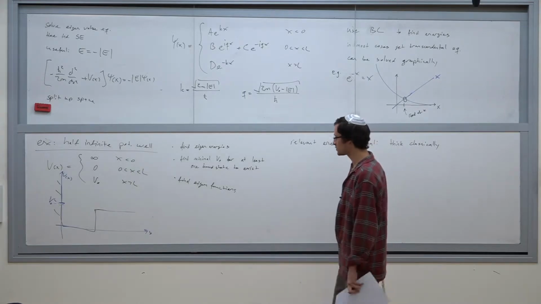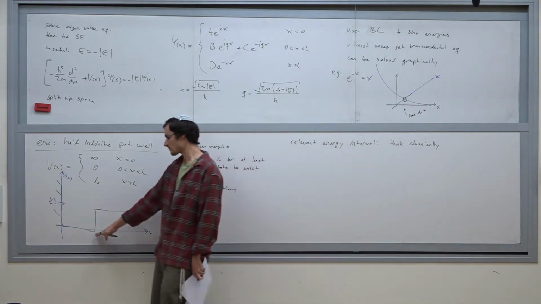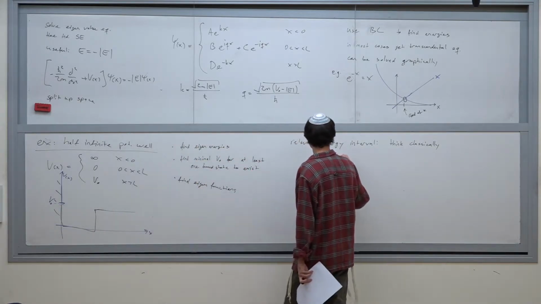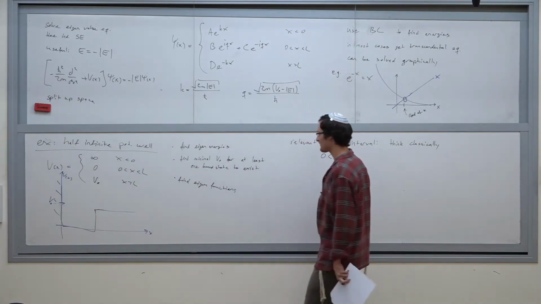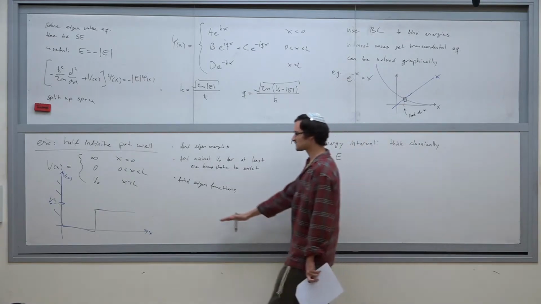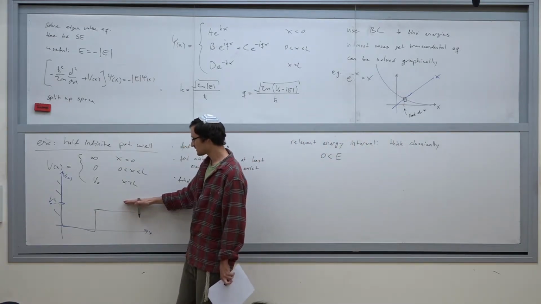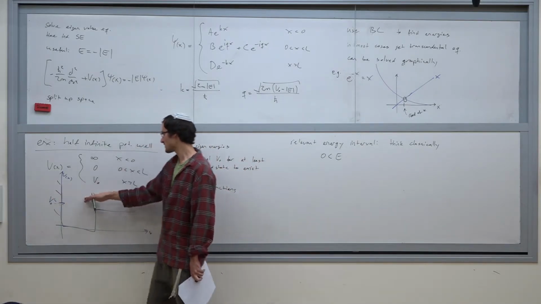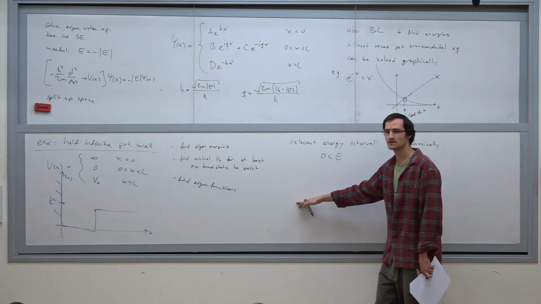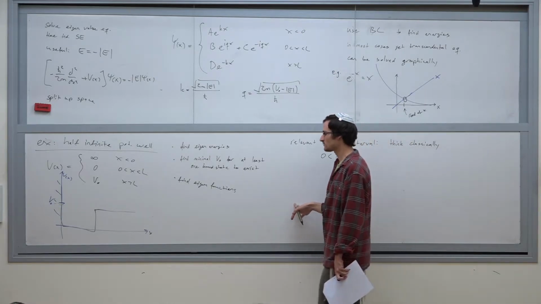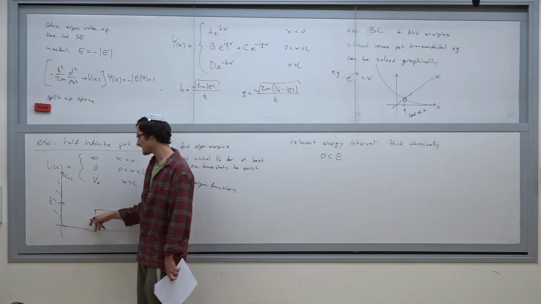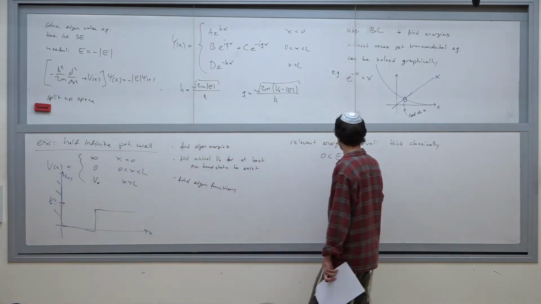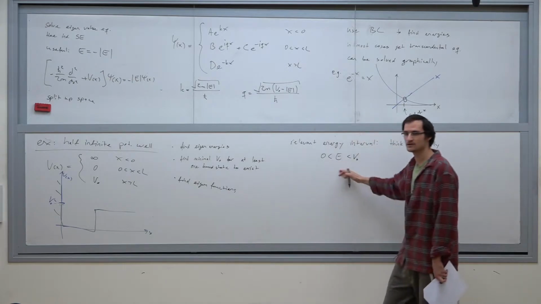So obviously the energy must be larger than the bottom of the well. So we must have E larger than 0. On the other hand, if E is larger than V0, then this particle will be not entirely free because it's infinite here, but it will be free on this side. It'll go to plus infinity. So it won't be normalizable. So in order to be in an actual bound state between 0 and L, we also need the energy to be smaller than V0. So these are the only energies we have to consider.